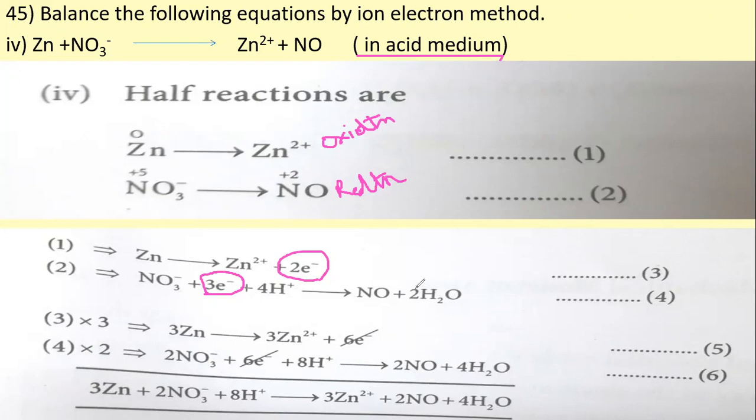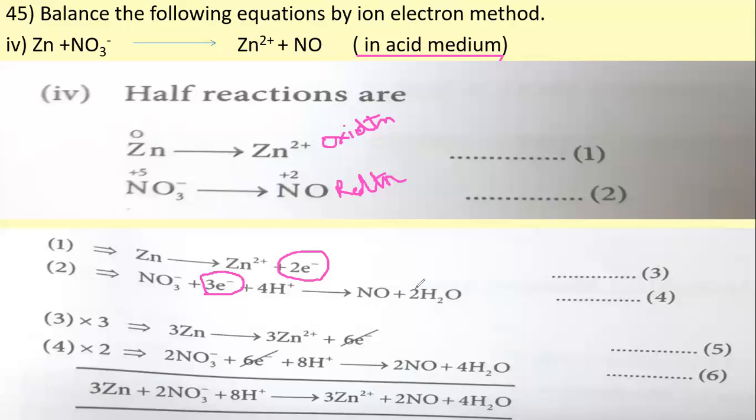So now we have to check for this third equation and fourth equation for balancing. See now here the third equation is multiplied by 3, because on both sides we are having a different number of electrons. So we have to write it in a common form for our simplification. So one side we are having 2 electrons and another side we are having 3 electrons.